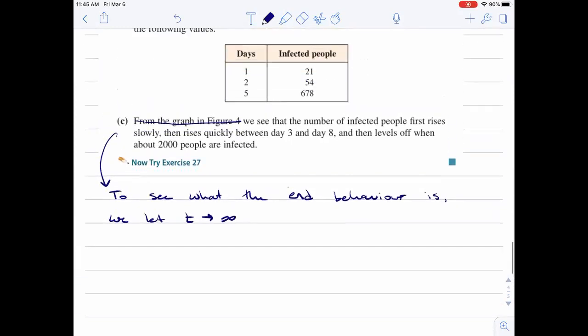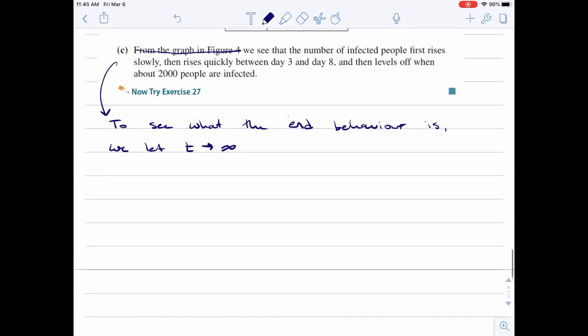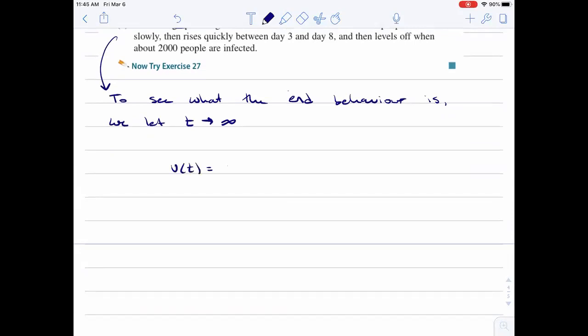What we need to know from our function, V of t, is 10,000 divided by 5 plus 1,245 e to the negative 0.97 t. Let t go to positive infinity. So we've got negative 0.97 times a very, very large number, and then e to the power of that.